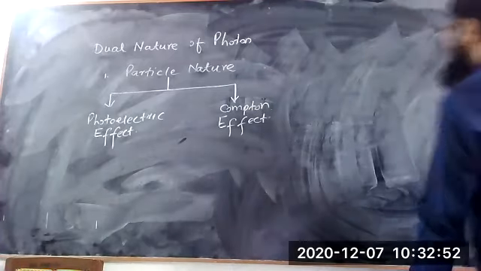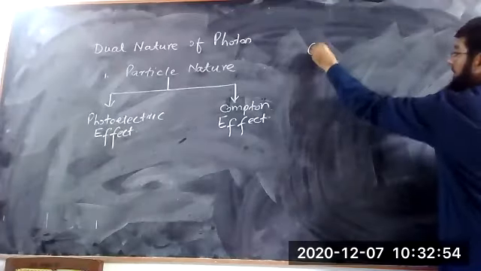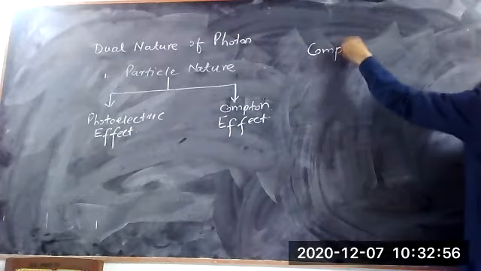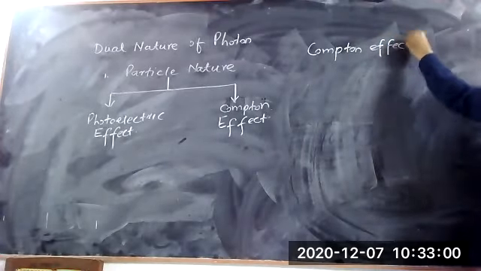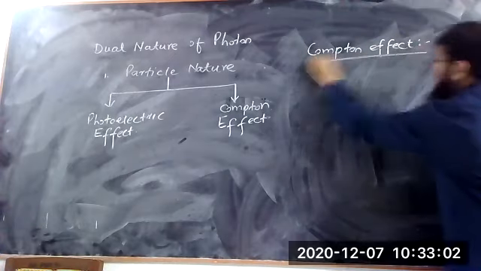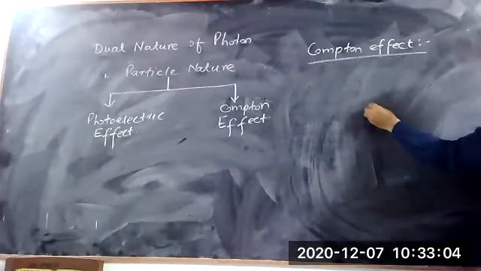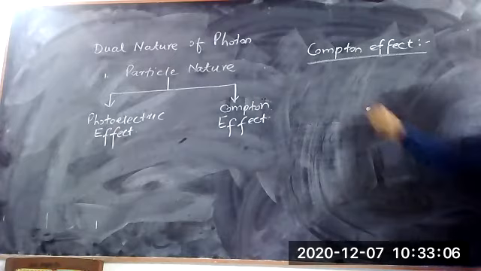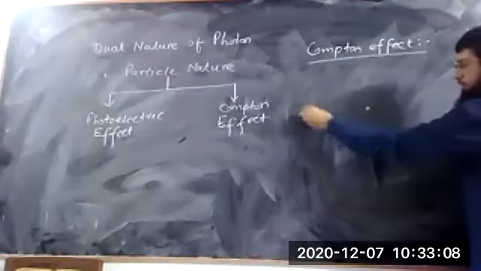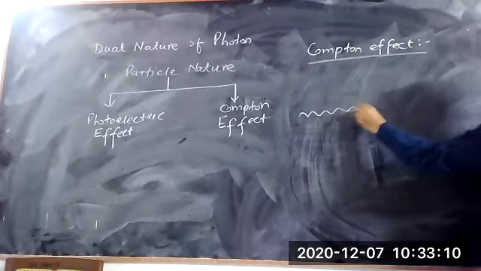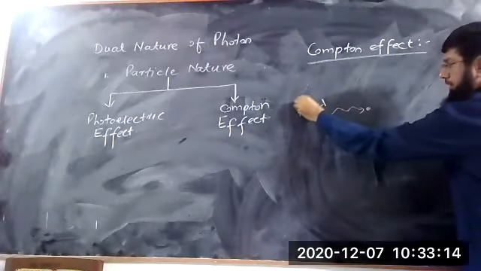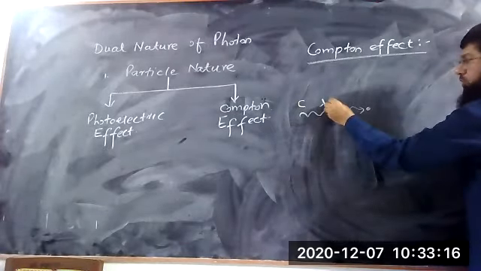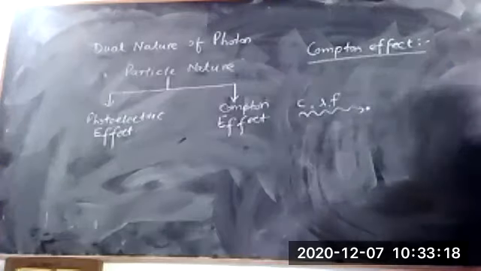In the Compton effect, this is the electron at rest, and this is a photon whose wavelength is lambda, whose velocity is c, and whose frequency is f.